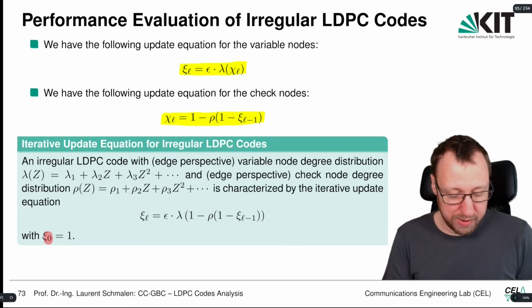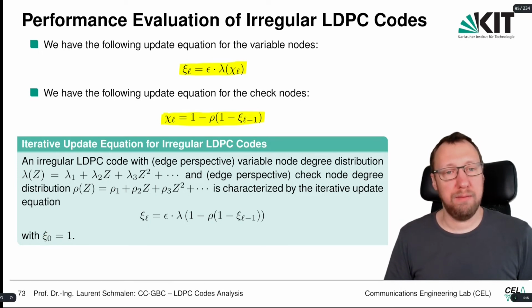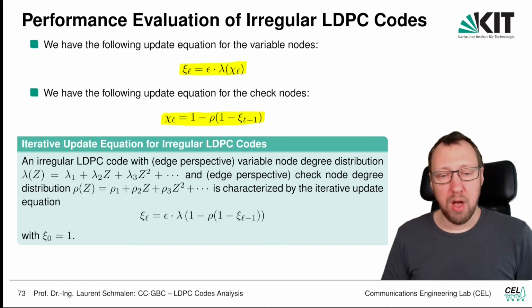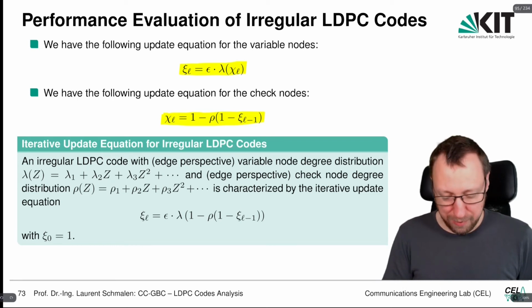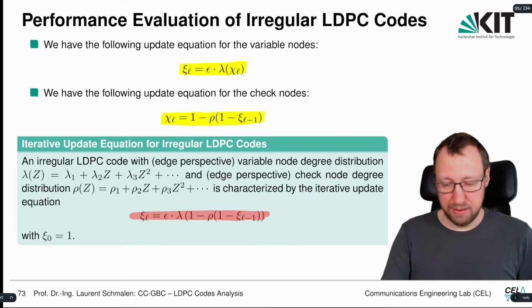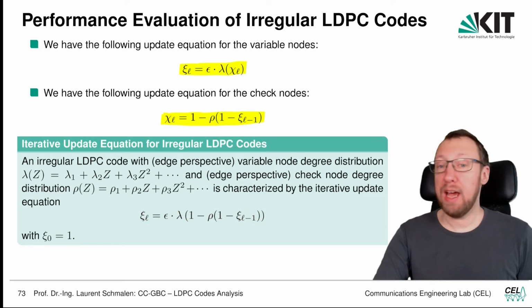And again, we start with c^(0) equal to 1. Okay, so this is our iterative update equation, and that's how we can analyze irregular LDPC codes.